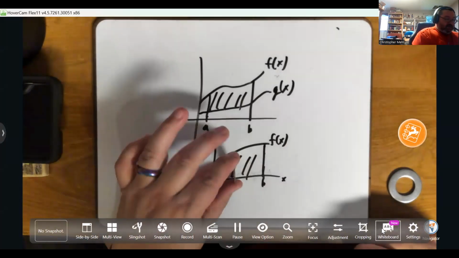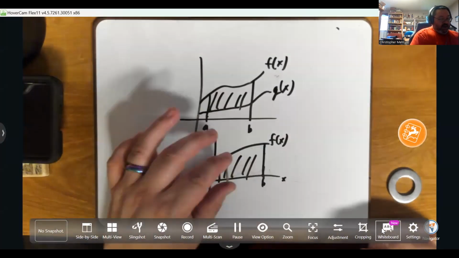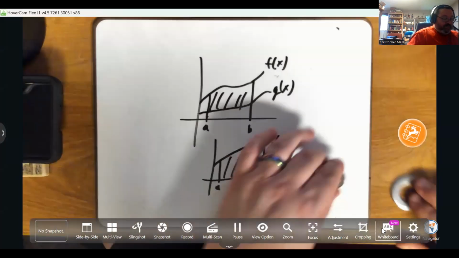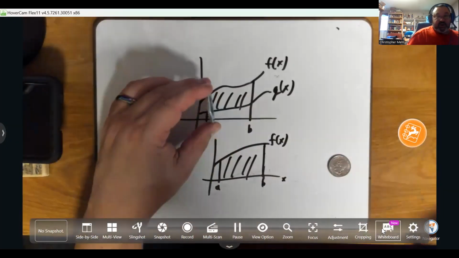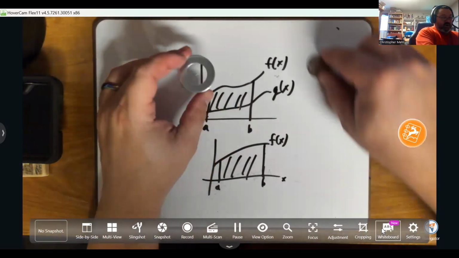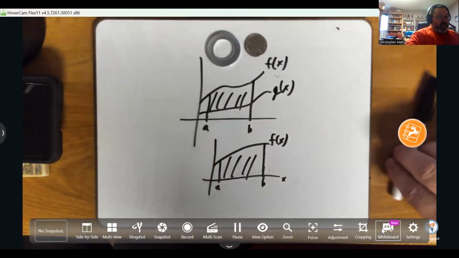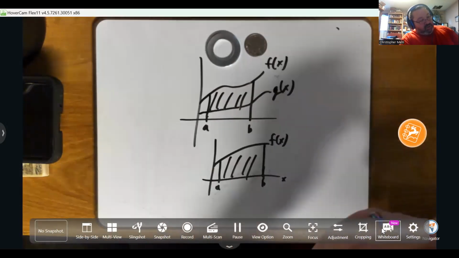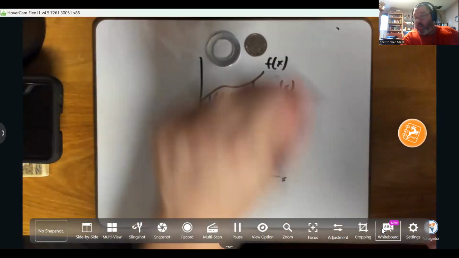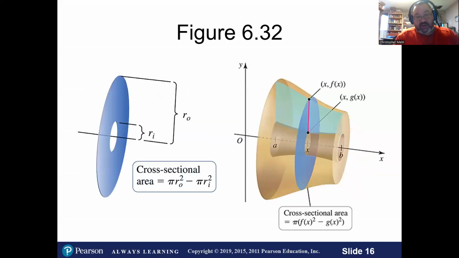So we were just looking at discs like this of varying radii, and that's what we were adding up to find the volume. Now, in this scenario, our cross section looks like this. It looks like a washer instead of a quarter. Okay, and so we're stacking up cross section slices that look like washers, which is why, again, it's called the washer method.